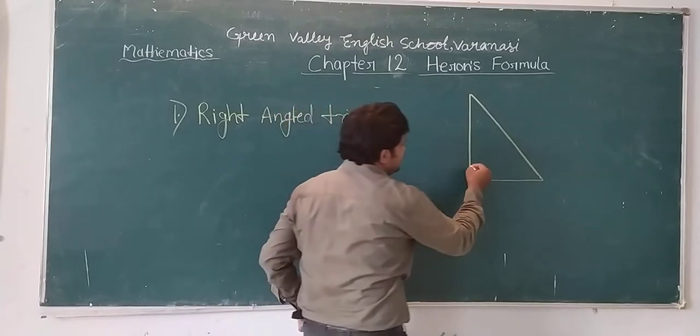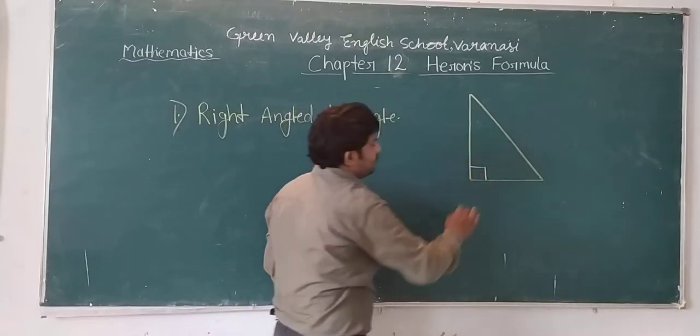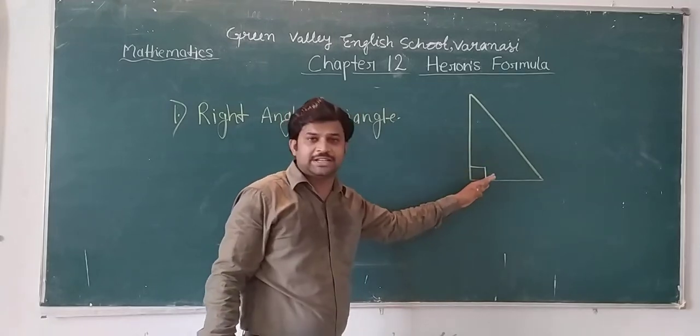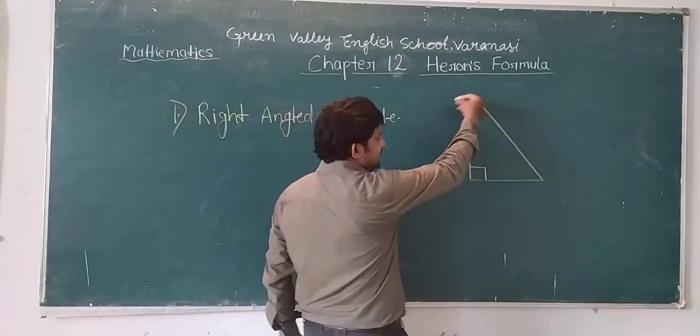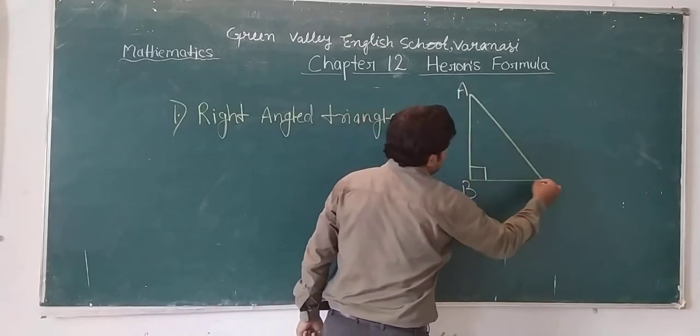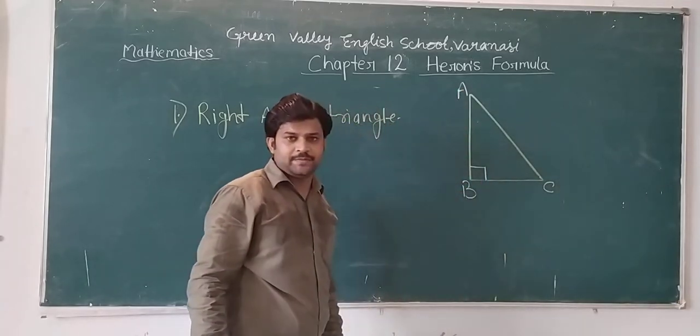This triangle is right angled because one angle of this triangle is 90 degrees. That's why this triangle is right angled. Suppose the name of this triangle is ABC.